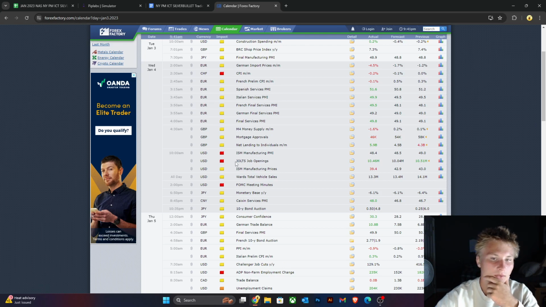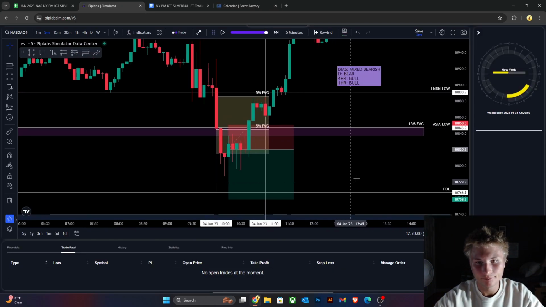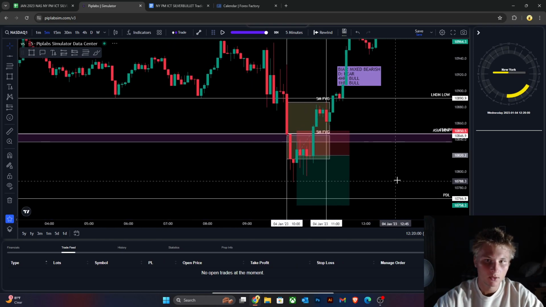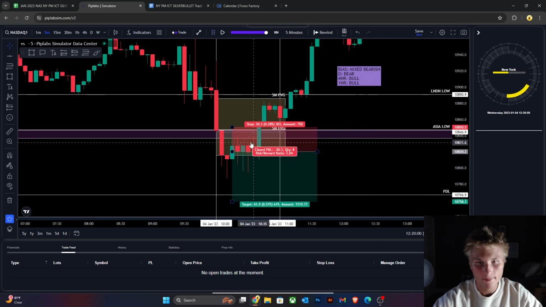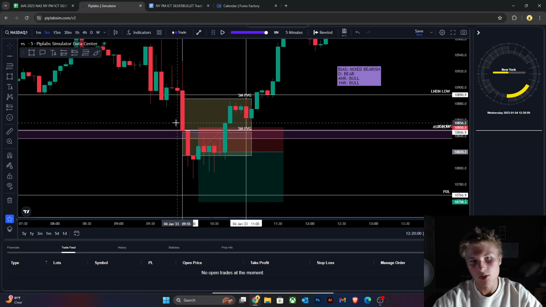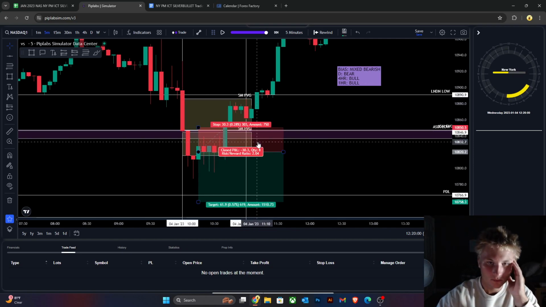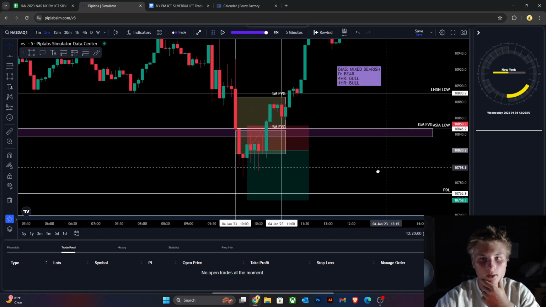That JOLTS did actually give a pretty big news candle here at 10 a.m. But this gap up here messed up my setup because my stop was still inside of a fair value gap. But yeah, we're on to the next trade, on to the next day now.